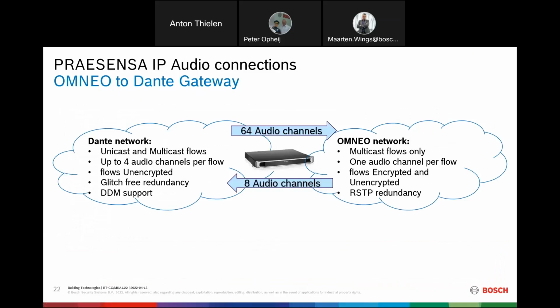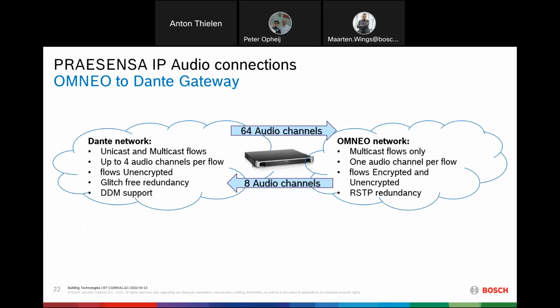And this gateway can then have 64 audio channels transferred from the Dante network to the Omnio network. And you can, of course, have 8 audio channels back from the PRAESENSA system to the rest of the Dante network.